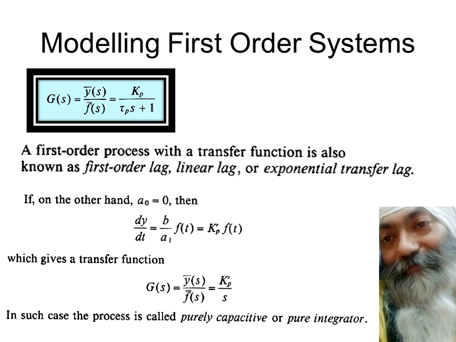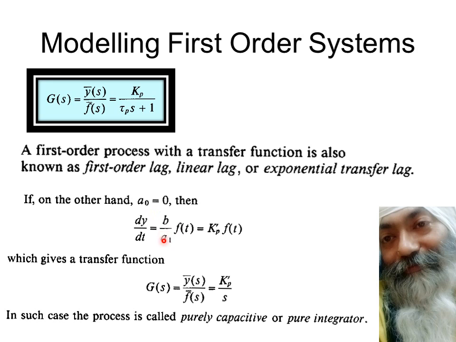Second thing is that in case we take a naught equal to 0 in that equation, the equation becomes dy by dt equals b upon a1 into ft, because a naught is equal to 0.